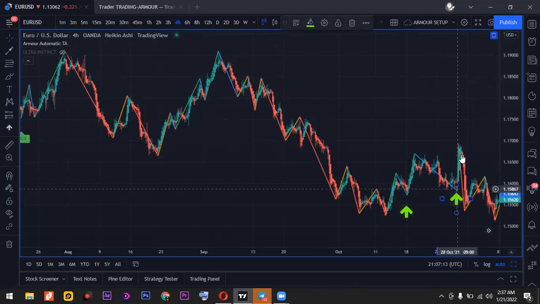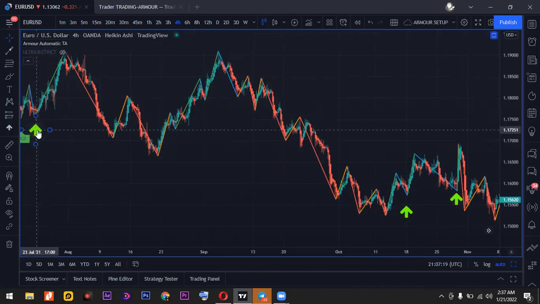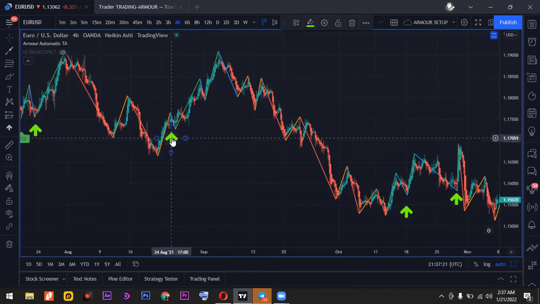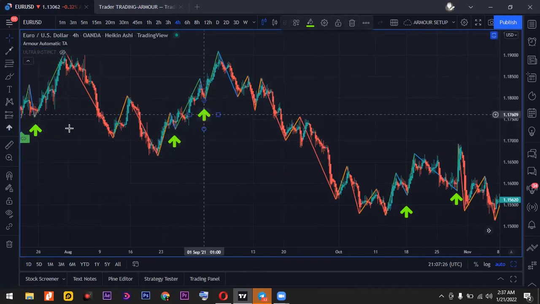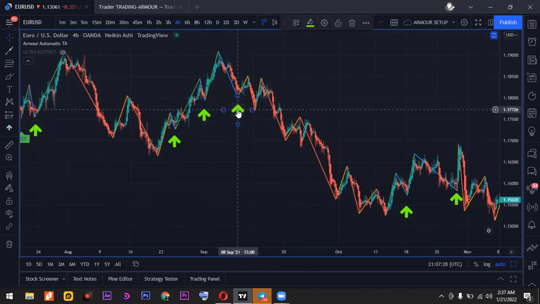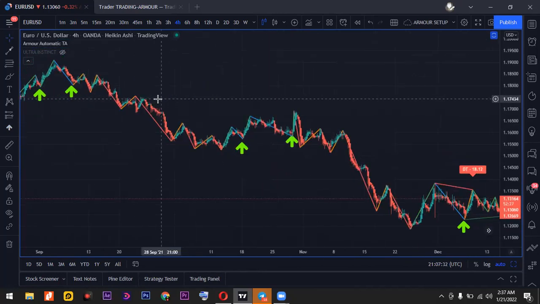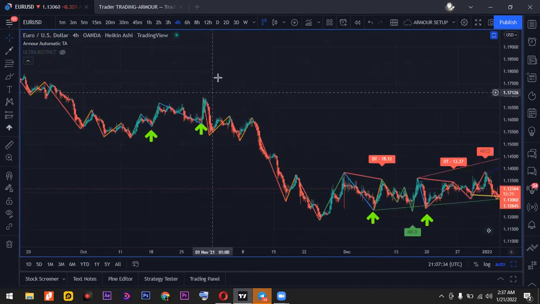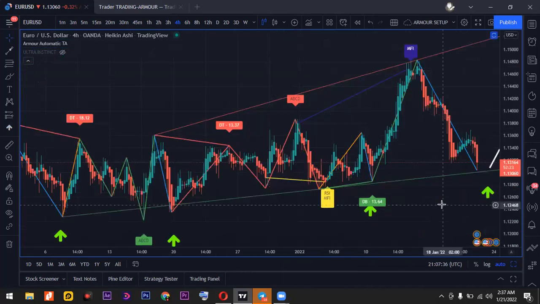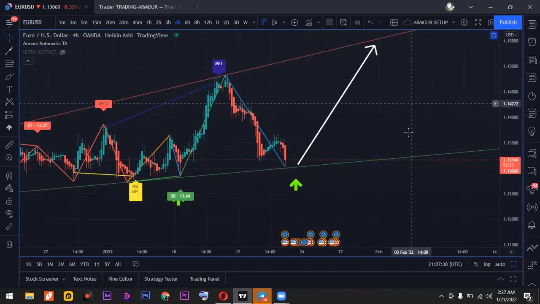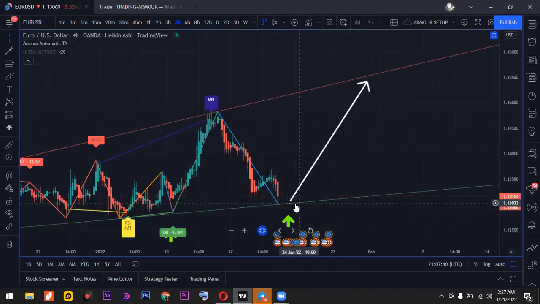Blue line, after that, pump. See? Blue line here. I hope you know what I mean. So that's how we can detect if the dump is fake or a real dump. Next move in just a few hours, maybe tomorrow, it will bounce up.